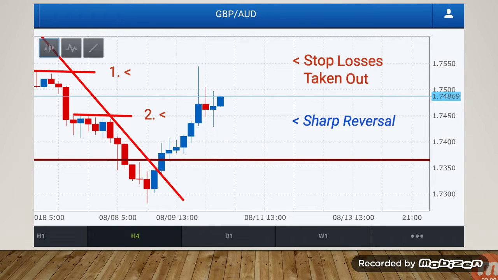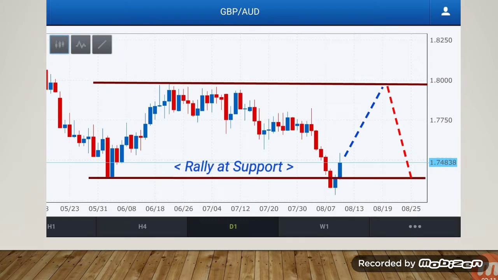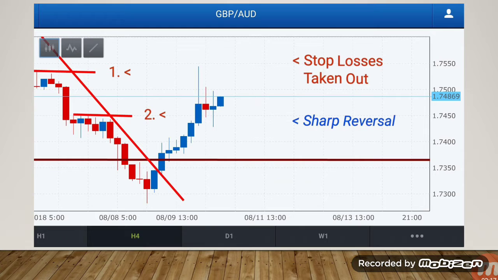And if you were holding out and expecting this downtrend to continue, and you had entered at any of these 2 areas here, with your stop loss placed at these 2 highs, your trades would have been stopped out.